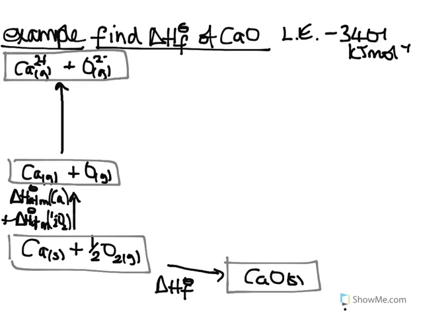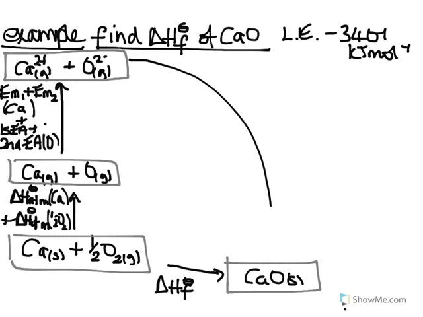So putting in those energy changes, we see that this time we have to do the first and second ionization energy of calcium and the first and second electron affinity of oxygen. And the final energy change in our cycle is the lattice energy, when we take the gaseous ions and turn them into our ionic compound.